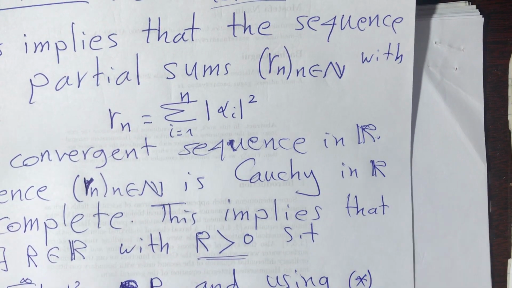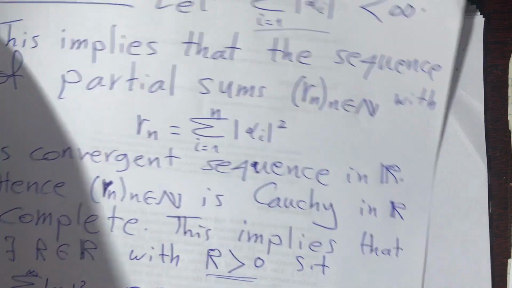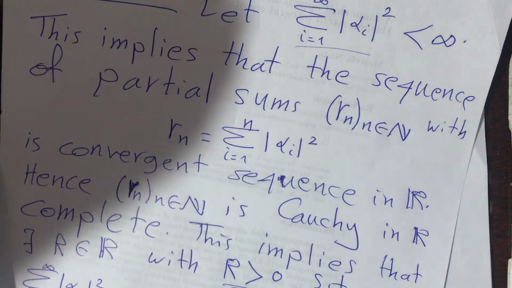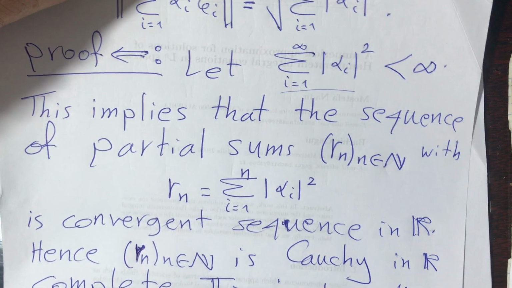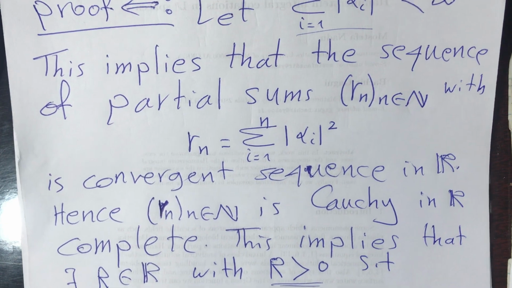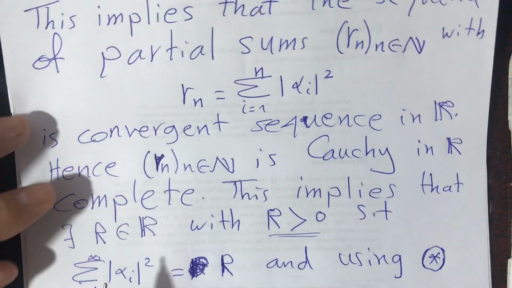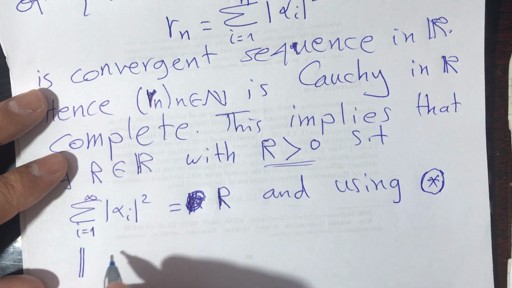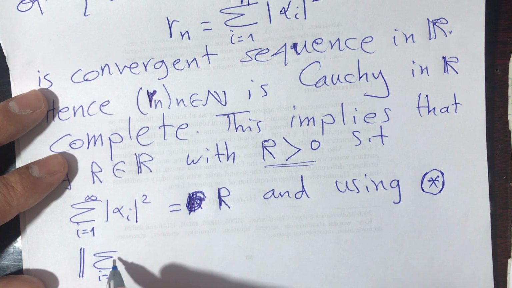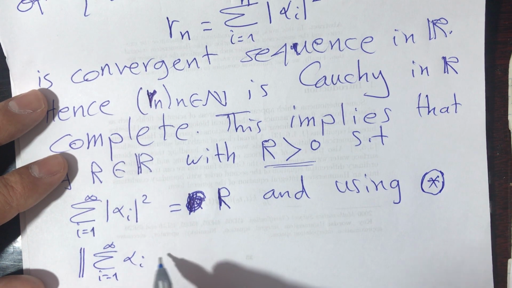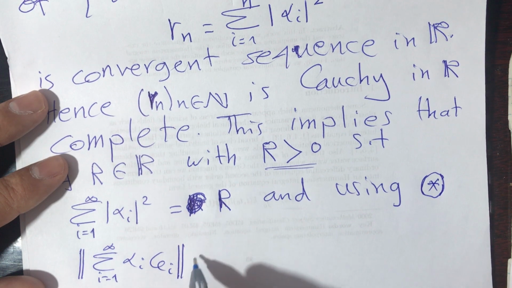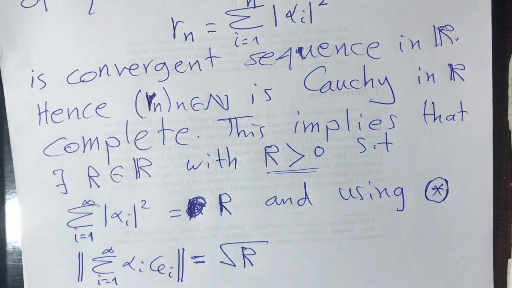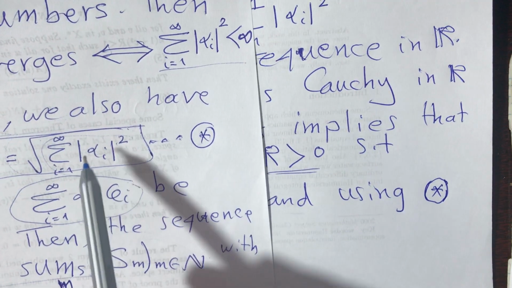Now using star, we get the norm of the summation from i equals 1 to infinity of alpha i phi i is equal to root of R, because this is equal to R and you put R here.